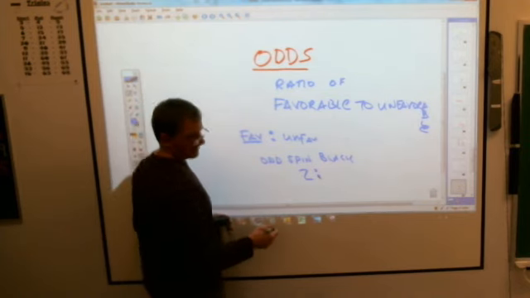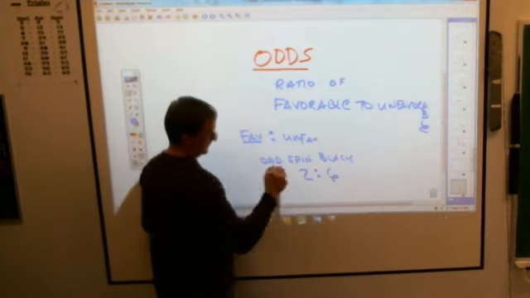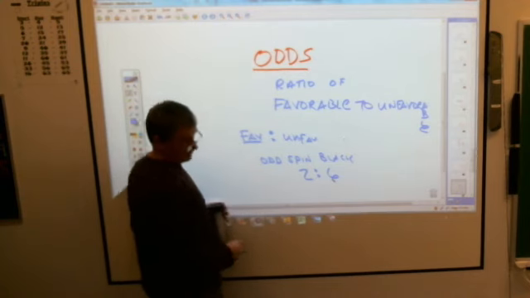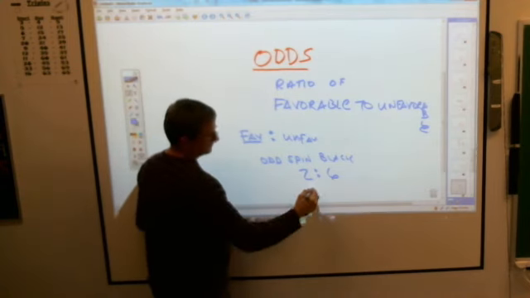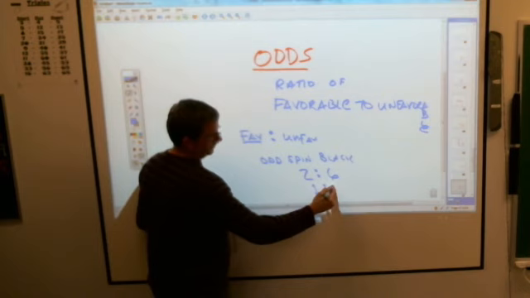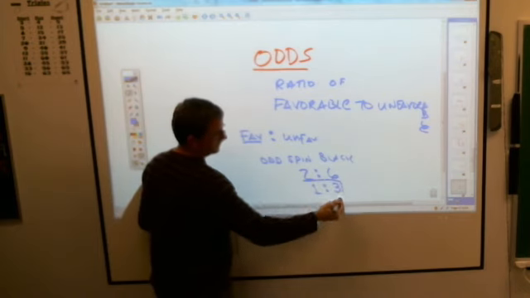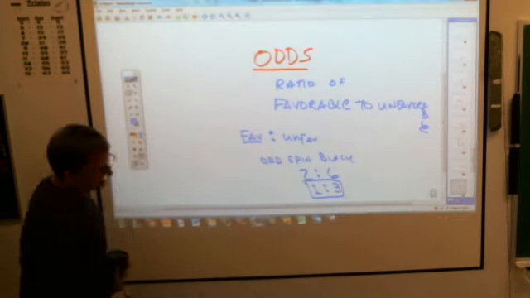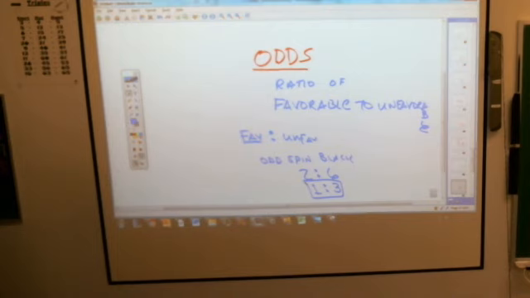It's cut into 8 pieces. 2 to 6. Now the question is, do you reduce that? Absolutely. 1 to 3 is your odds. Your odds are 1 to 3. If we didn't reduce it, would we get it wrong? Absolutely.